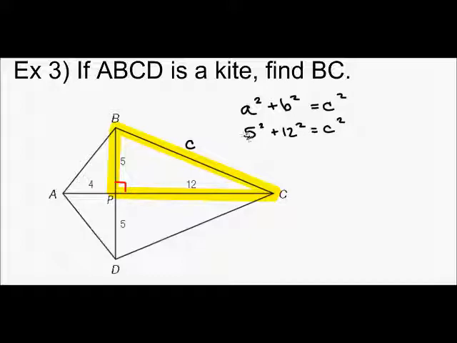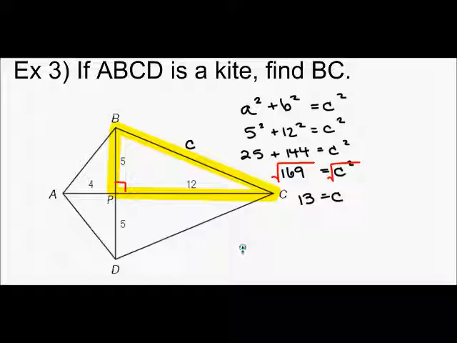Let's simplify. 5 squared is 25. 12 squared is 144. When I add those together, I get 169 equals c squared. Now all I have to do to get c by itself is take the square root of both sides. And I get c is 13. So in other words, BC is 13, the length I was looking for.